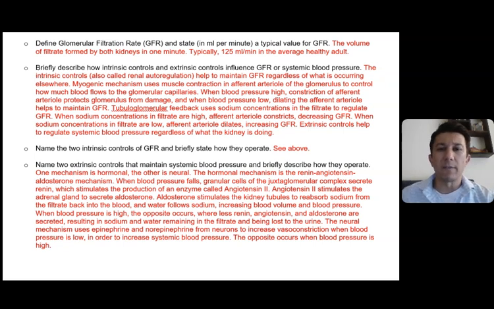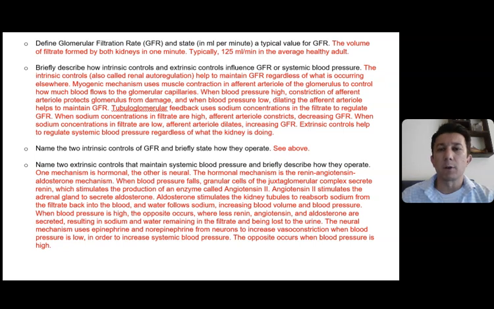So continuing where we left off on the intrinsic controls of GFR, or glomerular filtration rate, recall that the intrinsic controls were also referred to as renal autoregulation, and we were just about to examine what happened when systemic blood pressure dropped.